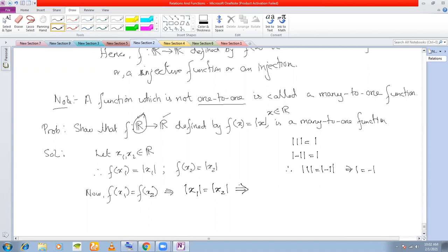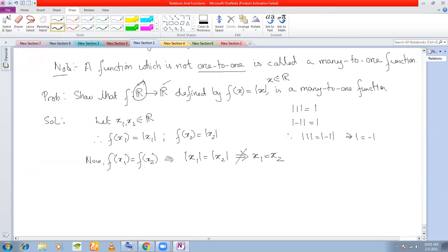No, sir. So when mod is there, mod x1 is equal to mod x2 does not imply x1 is equal to x2, because of this.